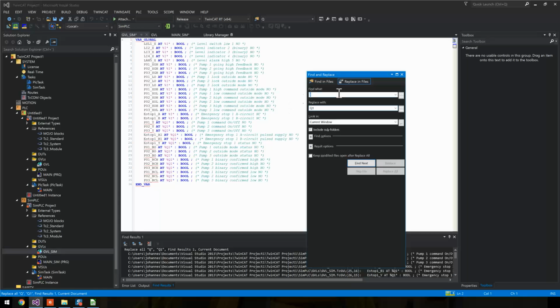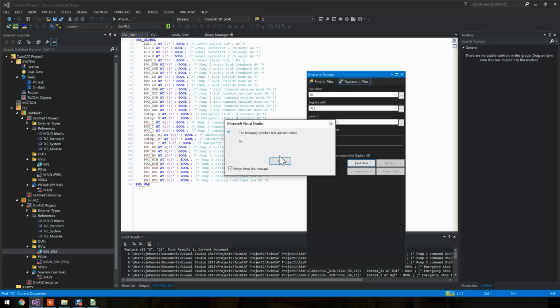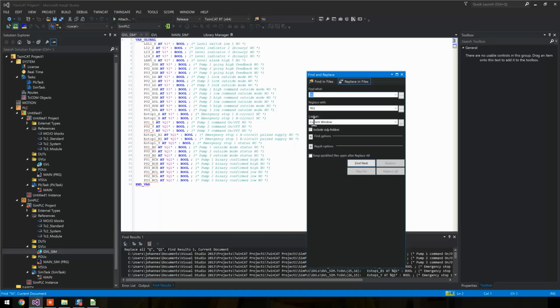There we go, and then I's with, well, let's see how this goes. Oh, let's be more specific. %I with %Q. No, doesn't want to. There we go.